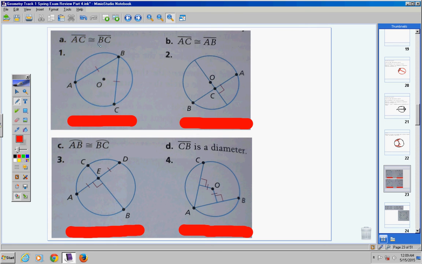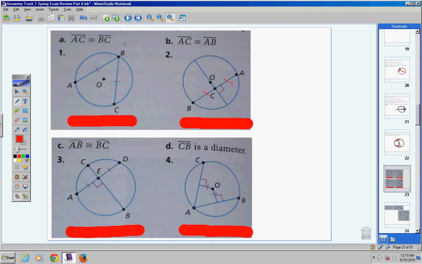You probably think, well, that matches up here with number 1. Well, no. They're asking what theorem can be used to prove that. Look right here, AC, BC. Is this segment congruent to this segment?